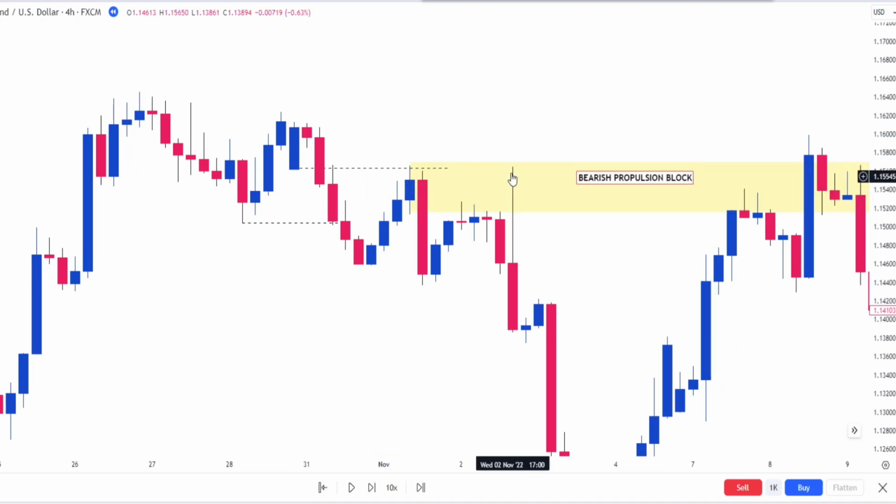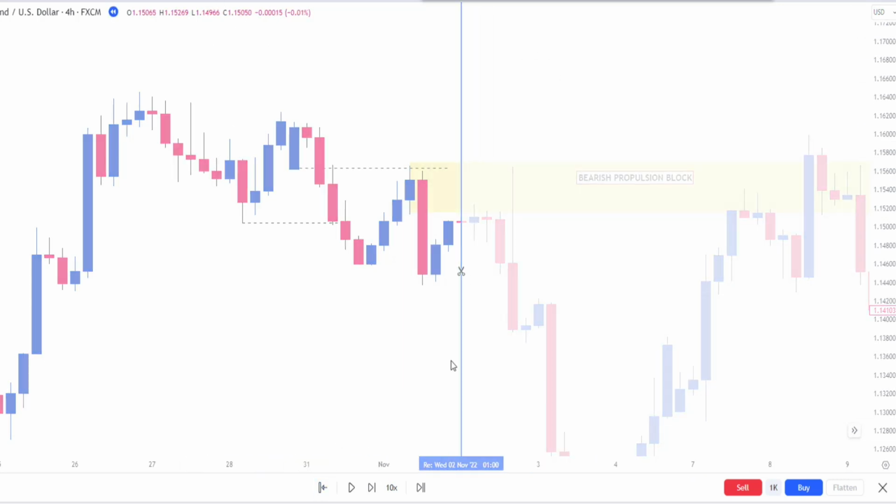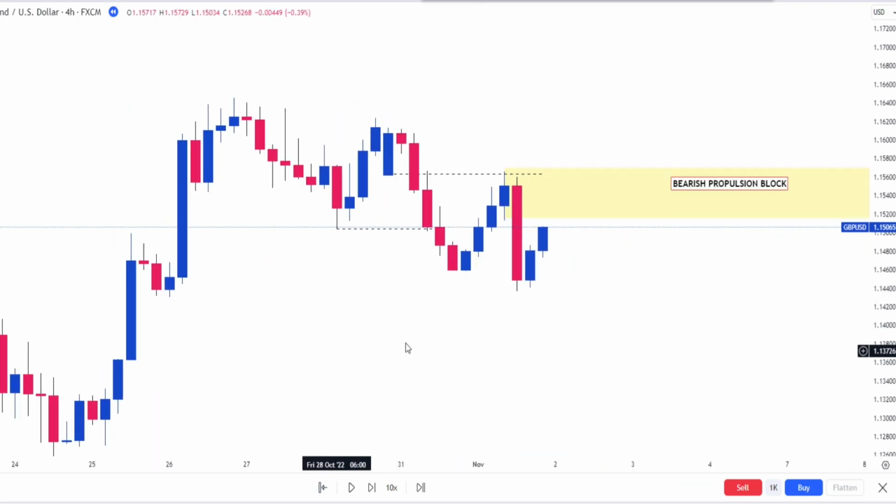Notice how these candles are behaving around here. Look at this, it pushed to this area but closed the body right here. So even if you entered from here, because we expect as price comes back into this propulsion block, because you're not seeing the future, obviously you're going to take your trade.